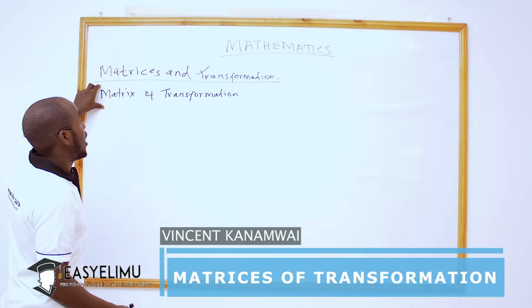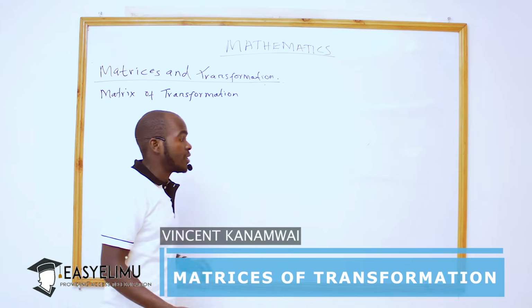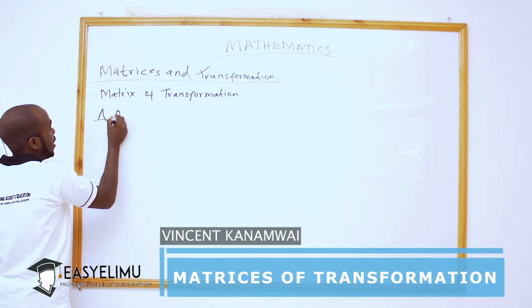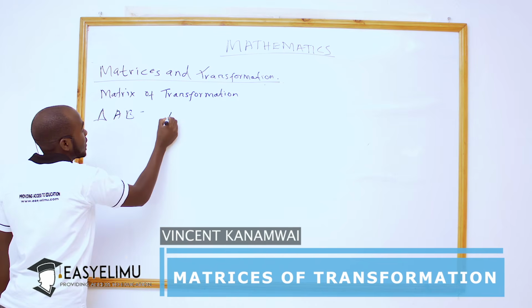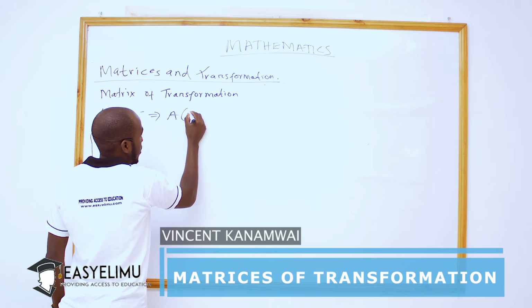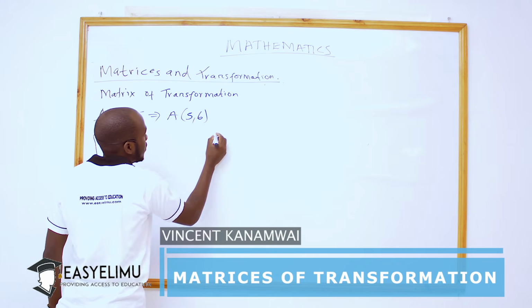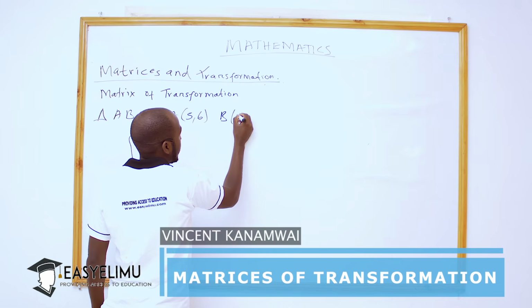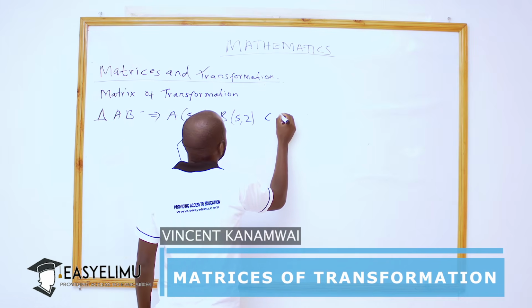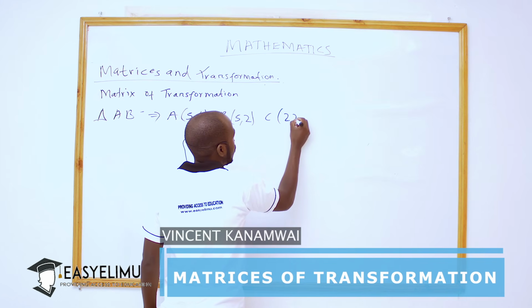Matrix of a transformation. Now, we shall look at triangle ABC with the vertices A as 5, 6, B 5, 2, and C to be 2, 2.